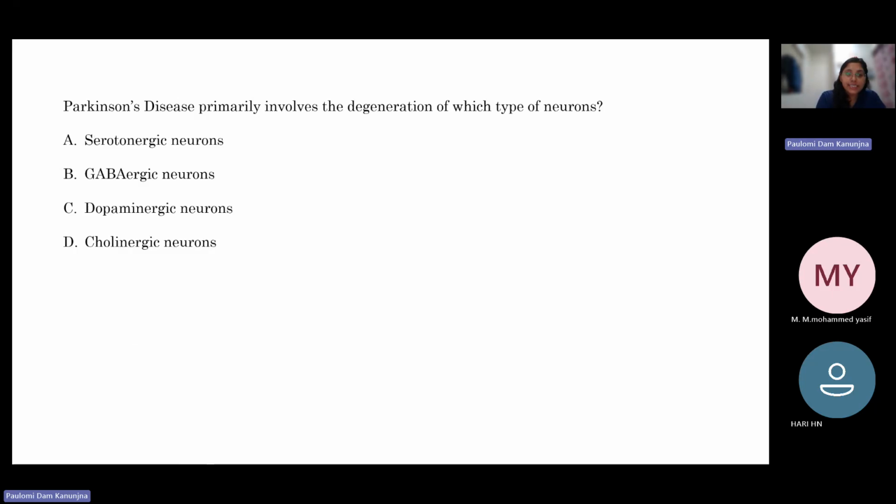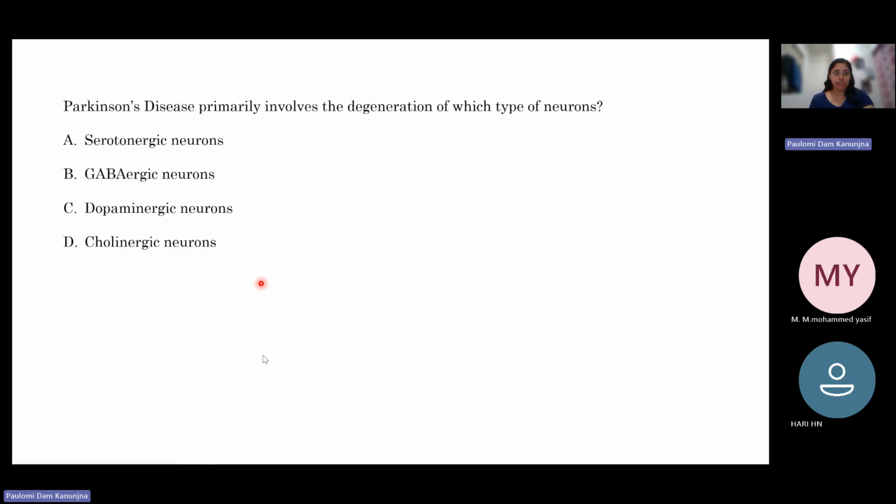In Parkinson's disease, which type of neurons is mostly getting degenerated? This should be easy because we just discussed this. Which neurotransmitter is part of Parkinson's and which neurotransmitter is part of Alzheimer's? We have already differentiated.